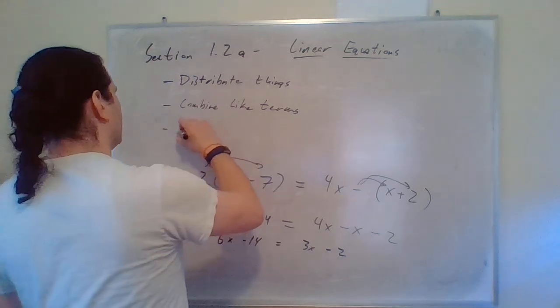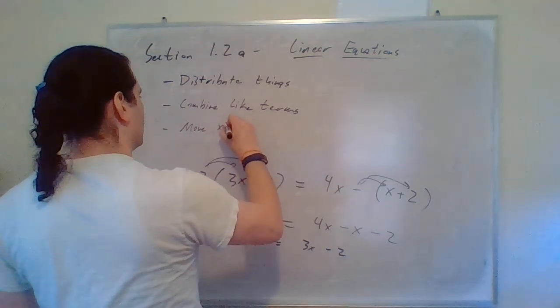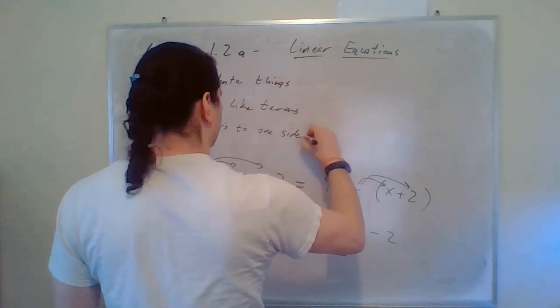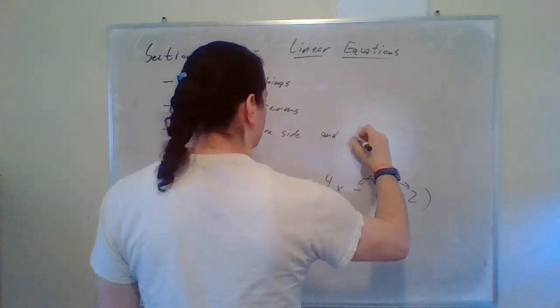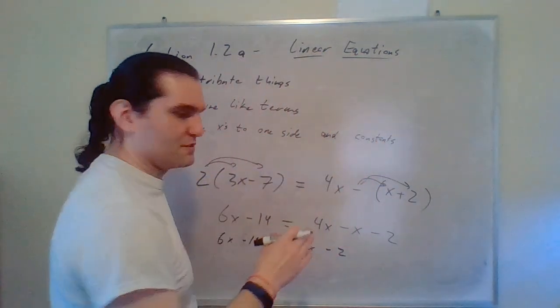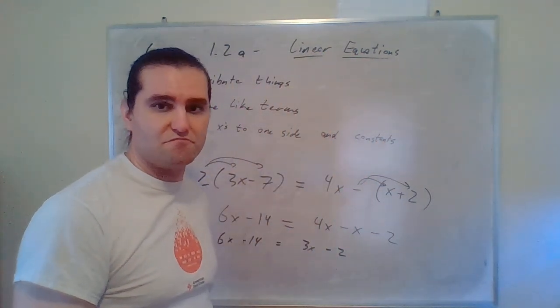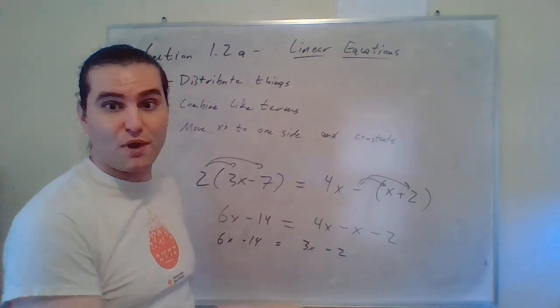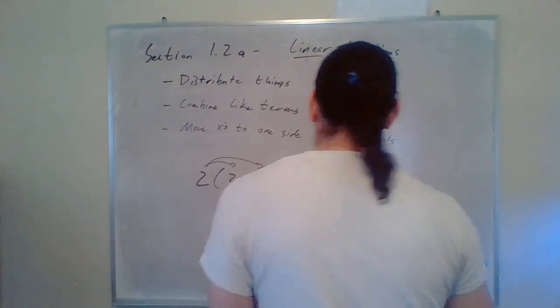And then we move x's to one side and constants to the other. Constants are the terms that don't have x's in them. If a term has an x in it, it varies. It's variable. If a term has no x's in it, then it's a constant, because it doesn't vary.